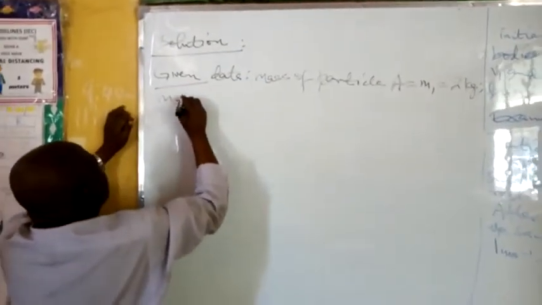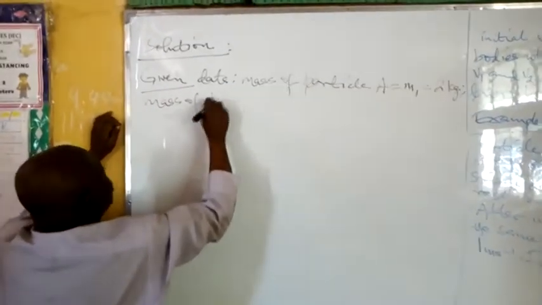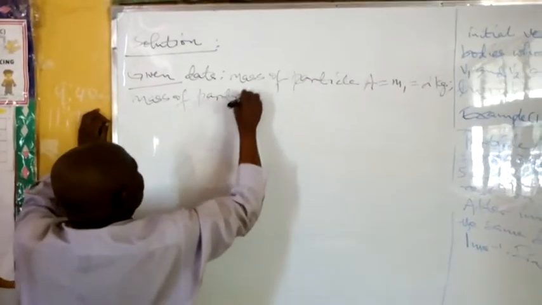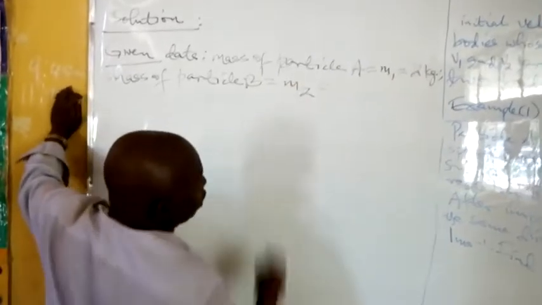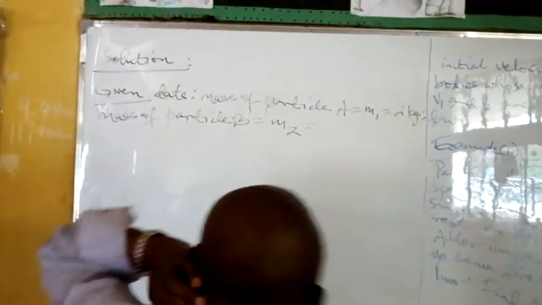Mass of particle B is equal to m2, which is equal to 3 kg.